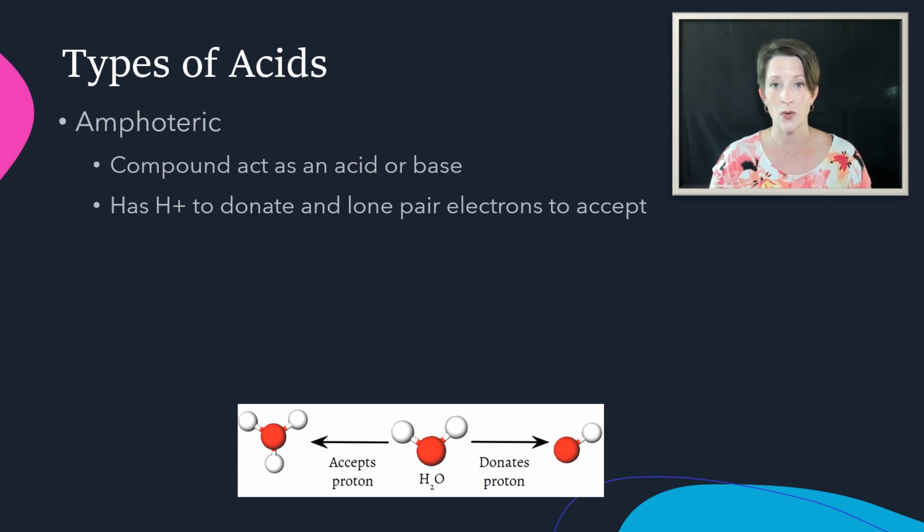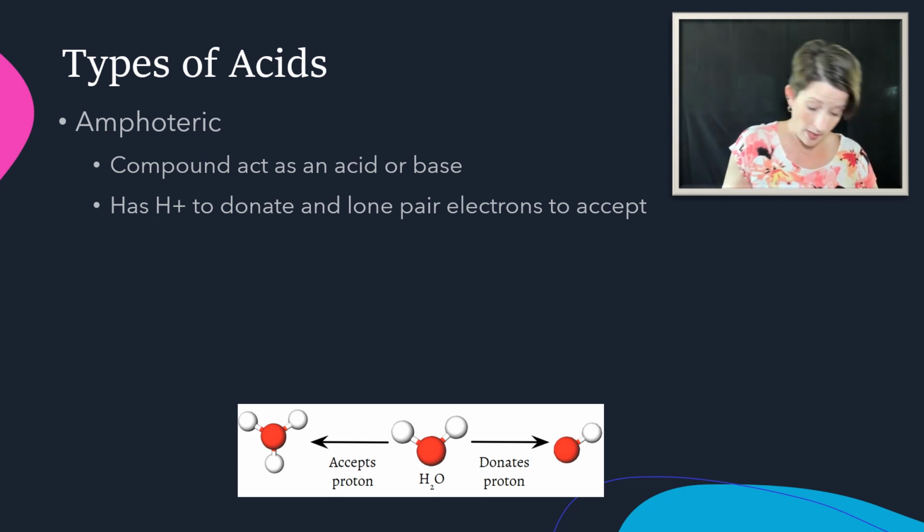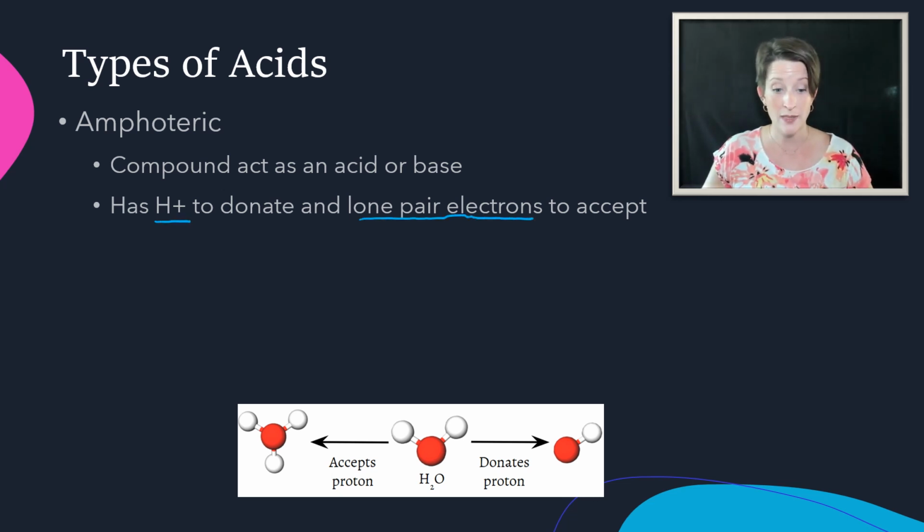The last category of acids is what we call amphoteric species. An amphoteric species is a compound that can act as an acid or a base, which means that it has a hydrogen to donate and it has lone electron pairs which it can accept.